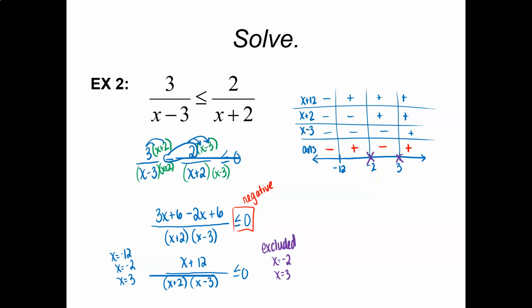So I want to use brackets, but I cannot for negative 2 and 3 because those are excluded values. So when we write our answer for this, we will have negative infinity to negative 12. We are going to use a bracket with the negative 12. And then over here for the negative 2 and 3, we would like to use brackets, but they are excluded, so we cannot. So it will be negative 2 to 3. It comes from the numerator, so no, it's only the ones from the denominator.